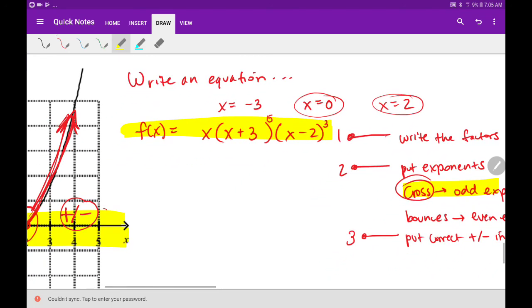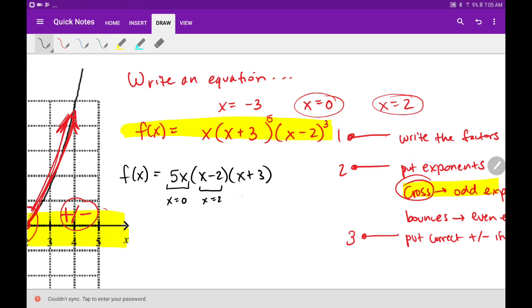Okay. Another answer that you could write, I just want to expose you to a few options, is I could put like 5x times x minus 2 times x plus 3. Why is that correct? Well, again, the number that I'm putting in front doesn't matter because this will still evaluate to x equals 0. I'll still get x equals 2. I'll still get x equals negative 3.